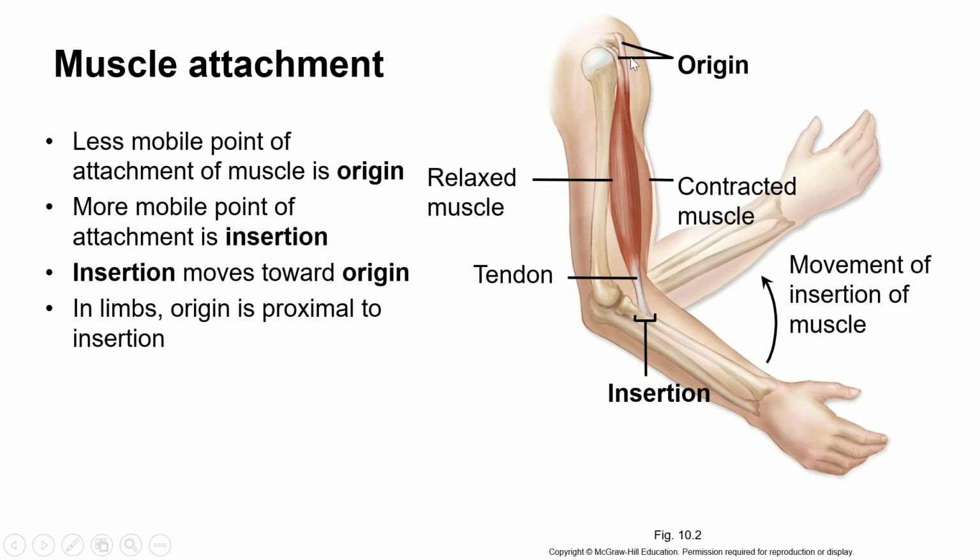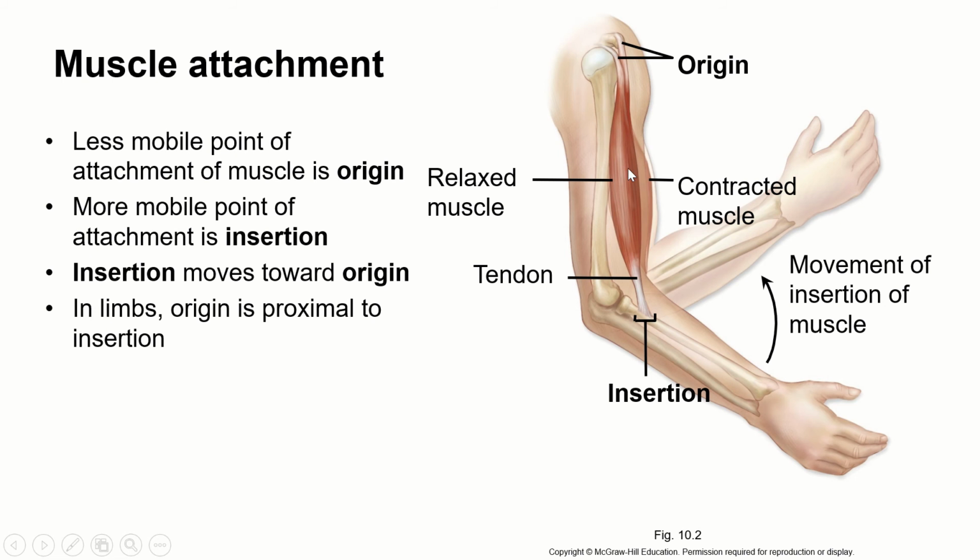Okay, so if you think about this glenohumeral joint, you have the acromion and the coracoid process, which is where the biceps brachii originates. The two heads of the biceps brachii unite and insert on the radial tuberosity.